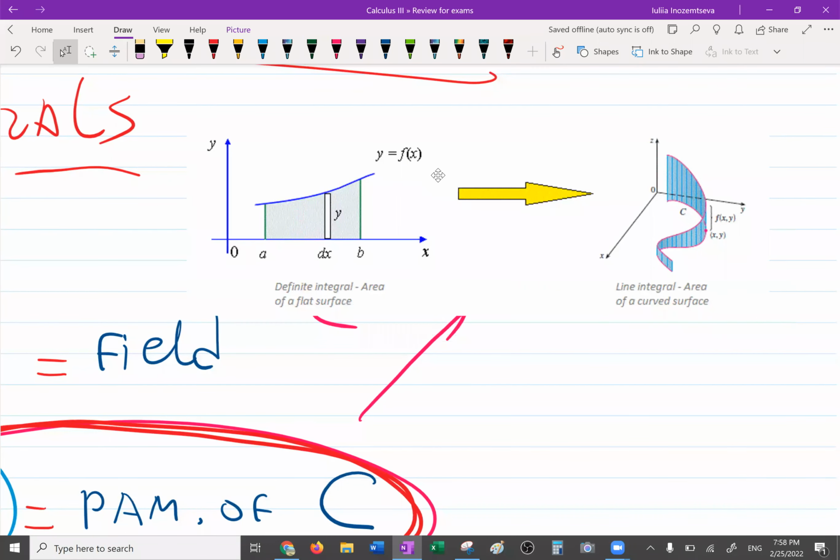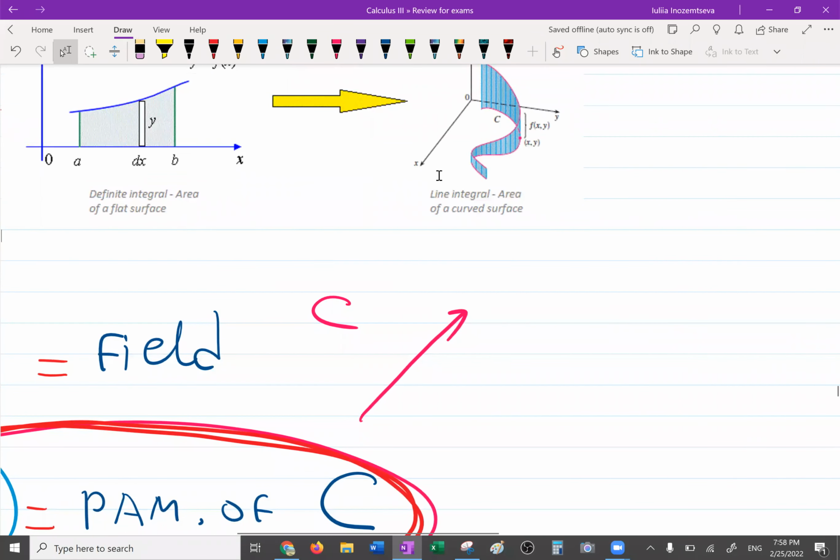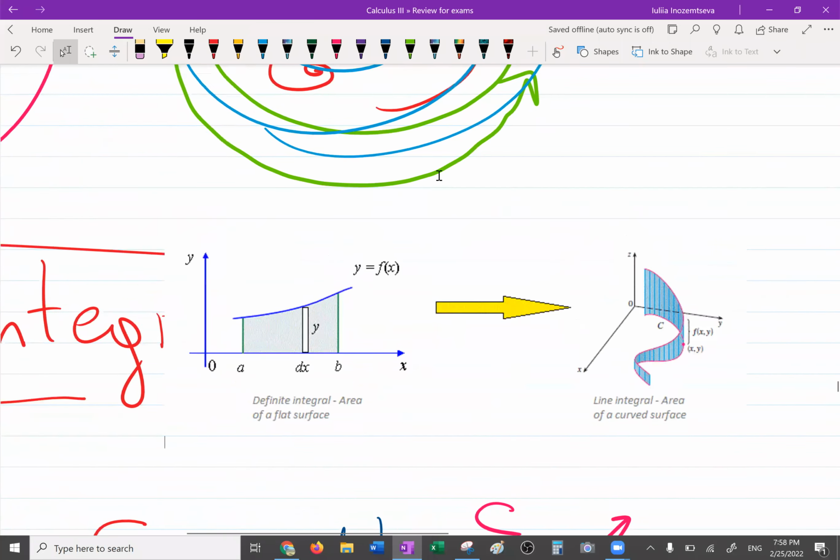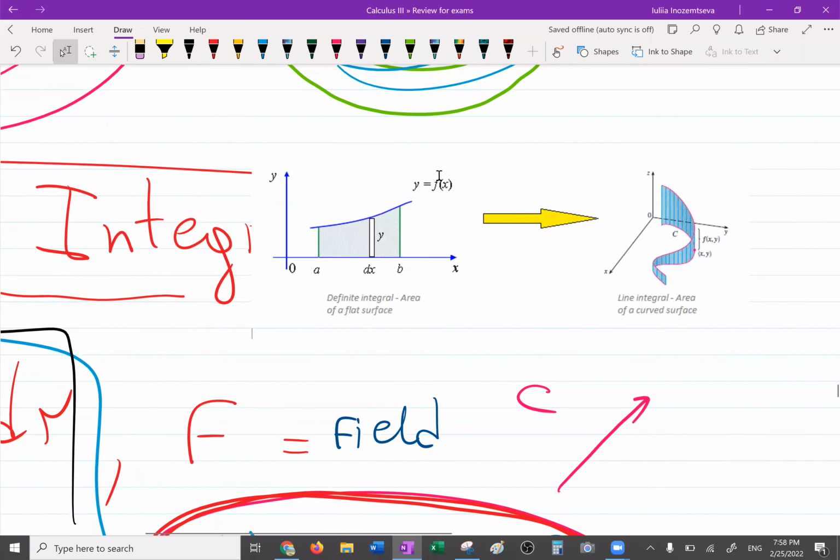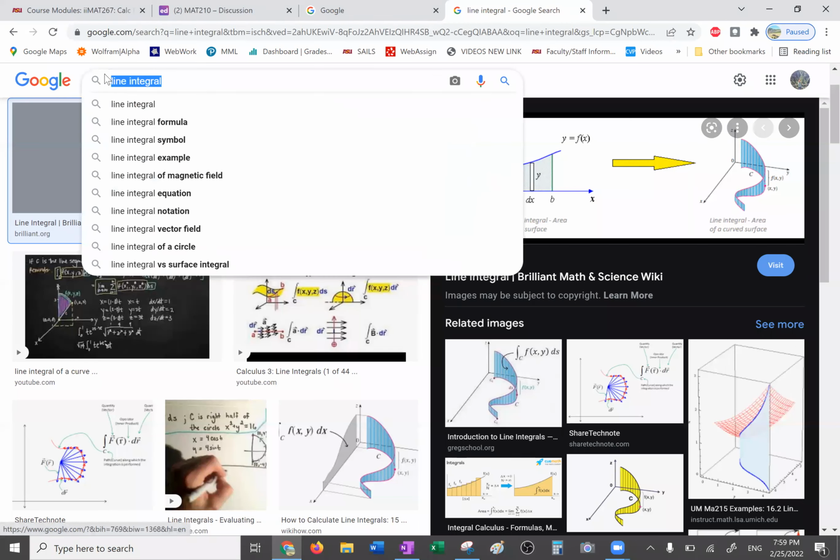It was a beautiful fence, the area of the curved surface. So we never did it before. Even calculus 2 was not enough to teach people how to jump from something simple like this, which we do in calculus 1, to integrating over the line. Think about that. But now we're doing flux. Let's do surface integral.